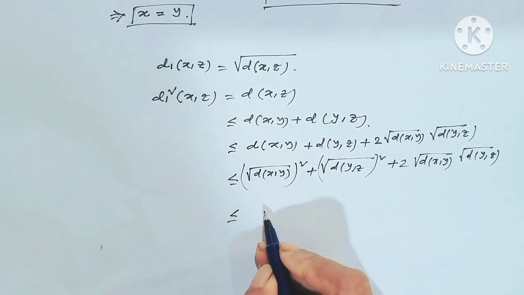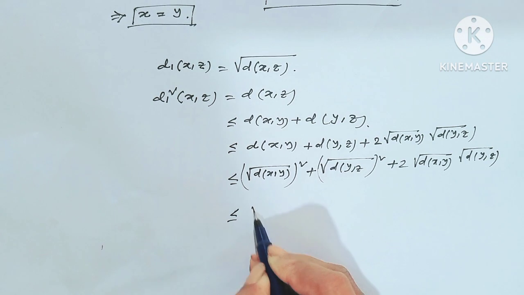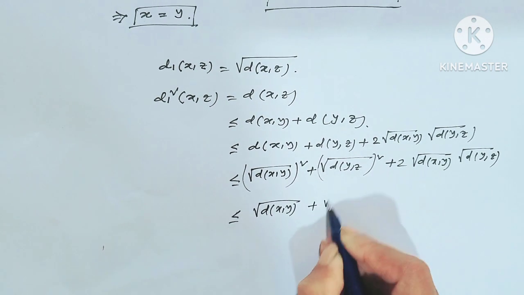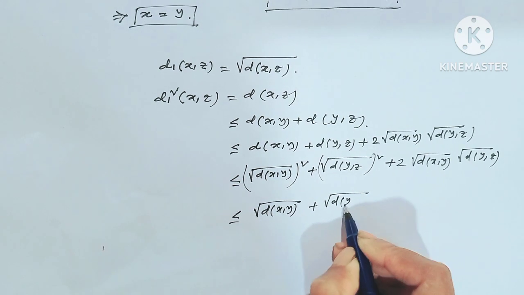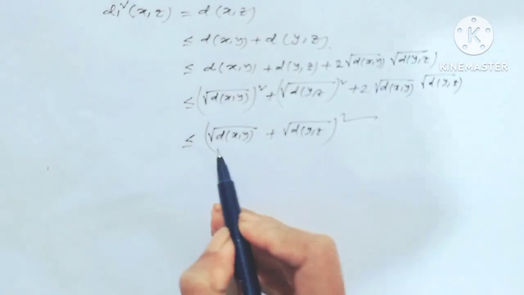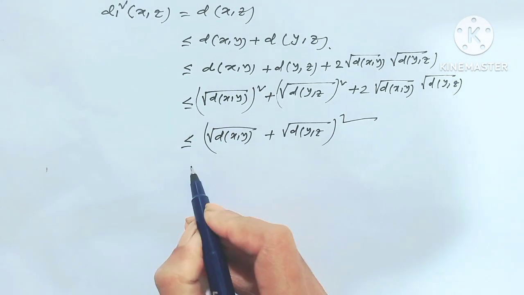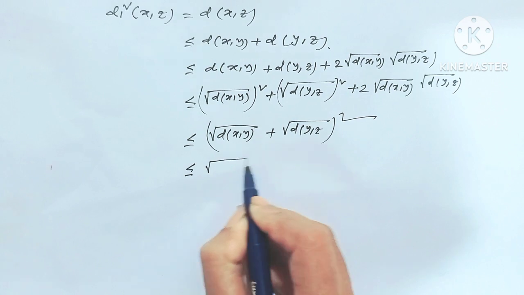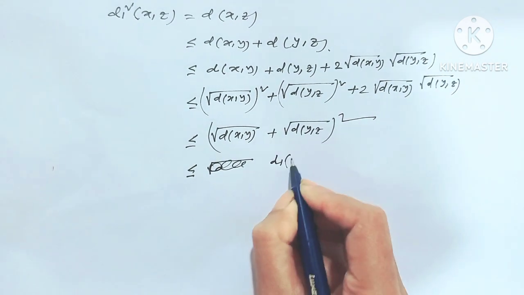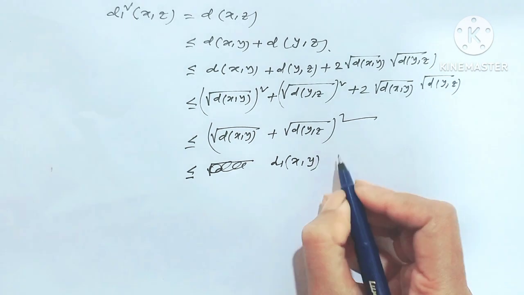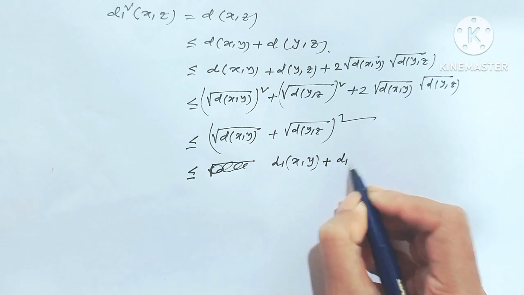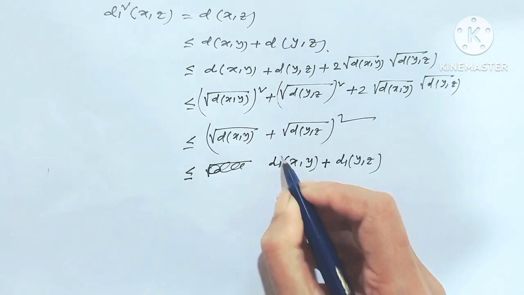And this is equal to the square root of d(x,y) plus the square root of d(y,z), whole squared. Here the square root of d(x,y) is d1(x,y), and the square root of d(y,z) is d1(y,z), whole squared.